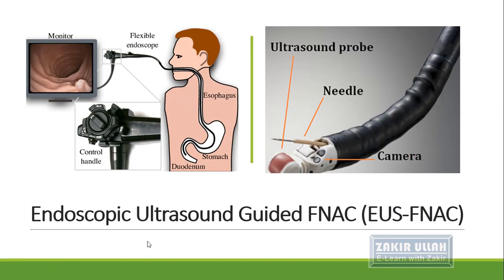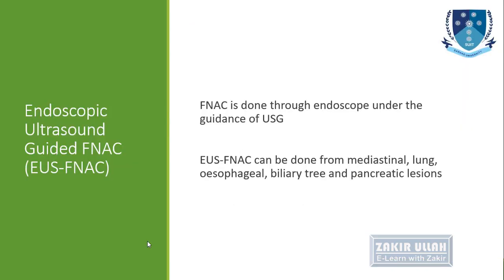Another kind of guided FNAC is the endoscopic ultrasound guided FNAC. As we can see in the picture, on the right side there is an endoscope having a needle, a camera and an ultrasound probe, and on the left side we can see the monitor, the flexible endoscope and the picture. This kind of FNA is done with the help of an endoscope attached with ultrasound, and it can be done for mediastinal, lung, esophageal, biliary tract or pancreatic lesions.